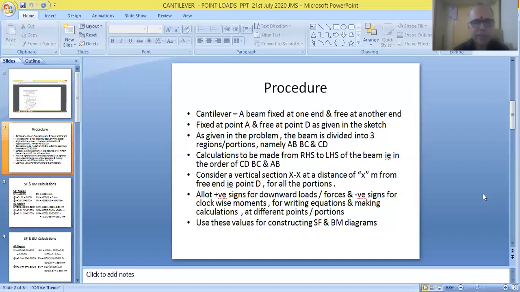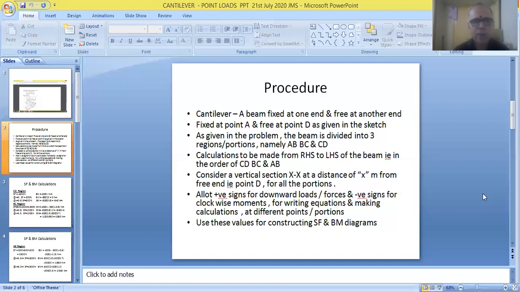These are the important points: indication of fixed end, indication of free end, and indication of loads acting at different points. All that we have seen in the previous slide.